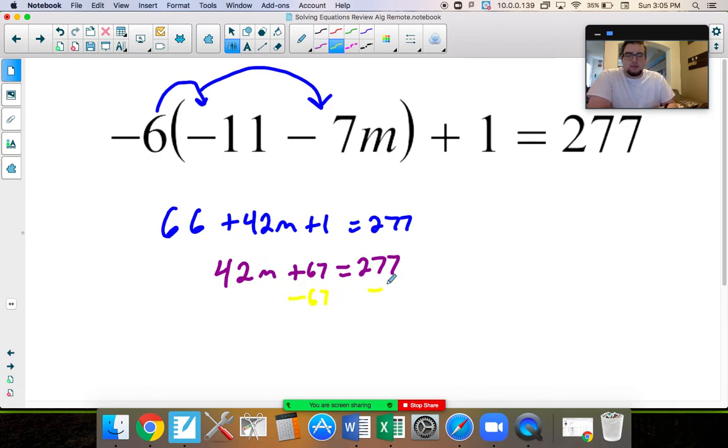Subtract 67 from both sides. That gives us 42m is equal to 210. If I do my math correctly, I divide both sides by 42, and I believe 210 divided by 42 is 5.